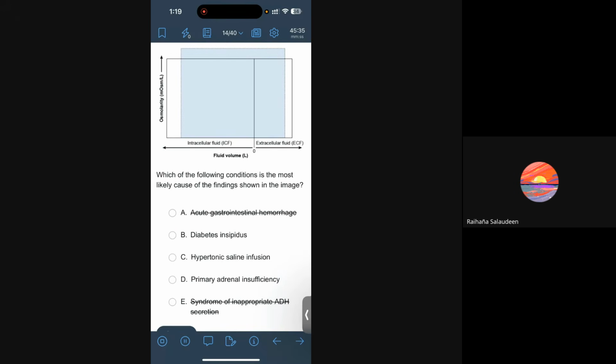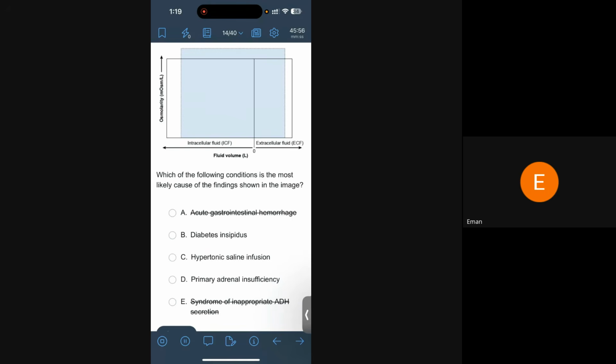What will happen in primary adrenal insufficiency? The osmolarity is going to decrease. Why? Because aldosterone works by conserving the minerals.